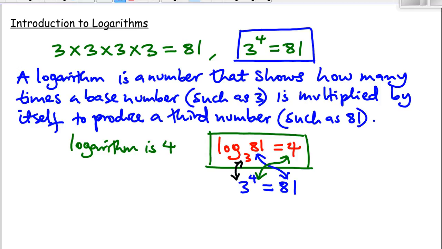In fact, we can write a summary of things. The logs and exponents, of course, are related. The logs tell us what the exponent is. I've already mentioned that, but I'll just write that here.